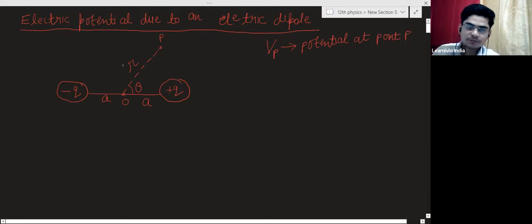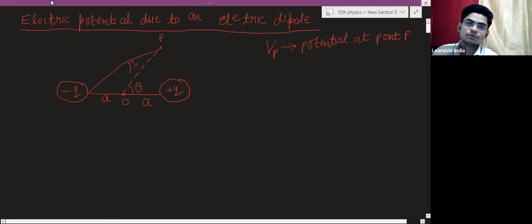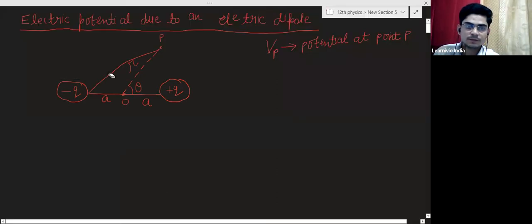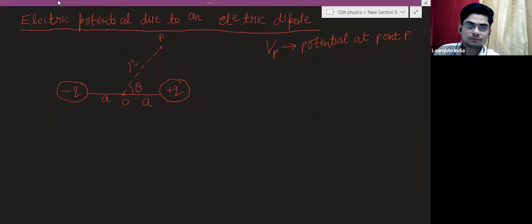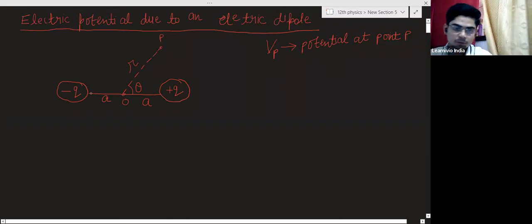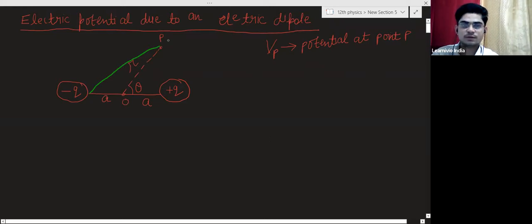You can notice one thing, we can draw a line like this. It is not possible to draw the horizontal line exactly, but it is a horizontal line, you can imagine.